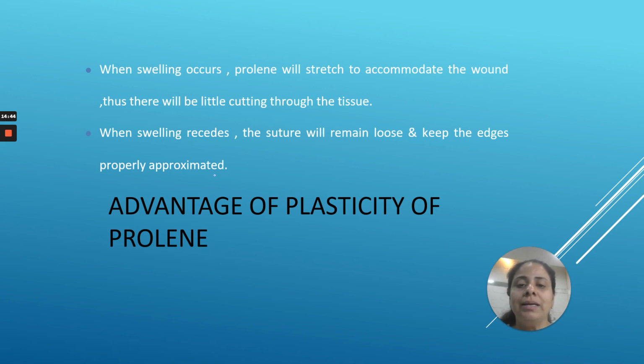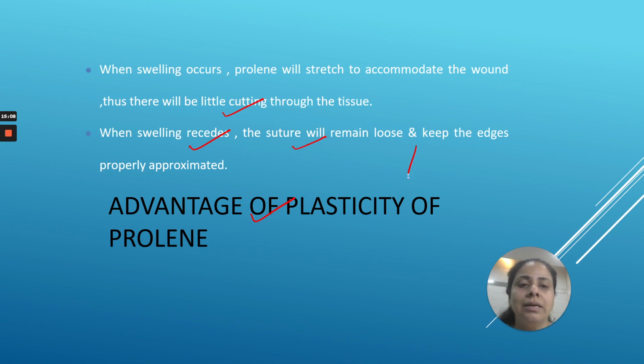So there is one distinct advantage of Prolene. Sorry for the mispronunciation. When swelling happens, Prolene will stretch to accommodate the wound. So there will be little cutting through the tissues, and when swelling recedes, the suture will remain loose and keep the edges properly approximated. What does it mean?